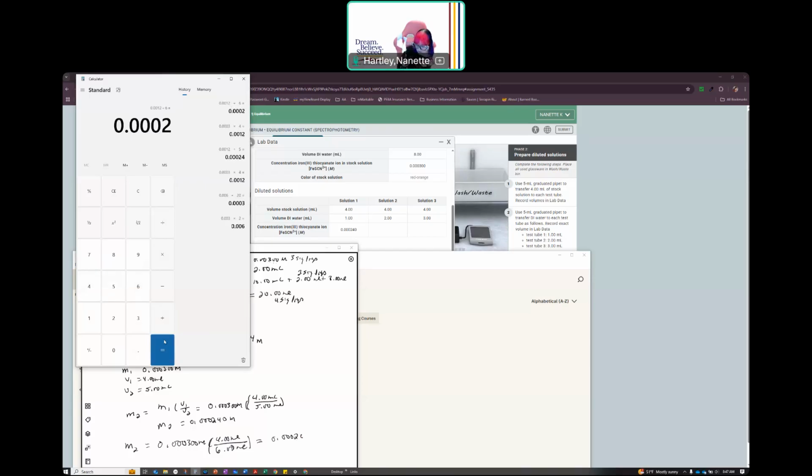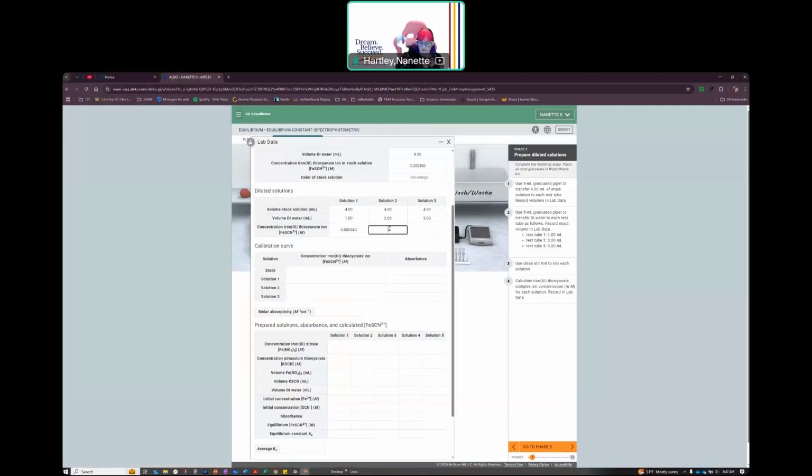And I need to add 2 more zeros at the end to get 3 sig figs. So I'm going to record right here 0.000200.